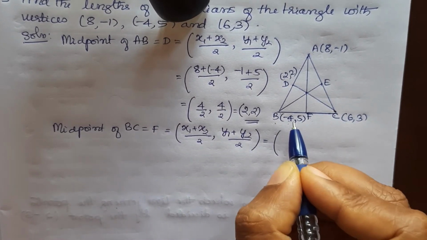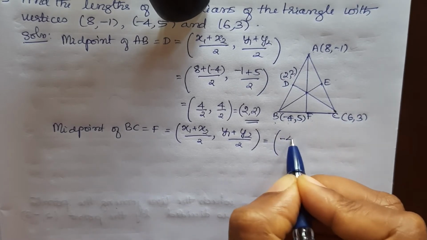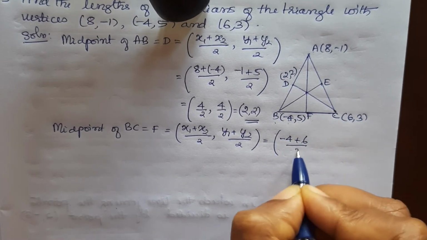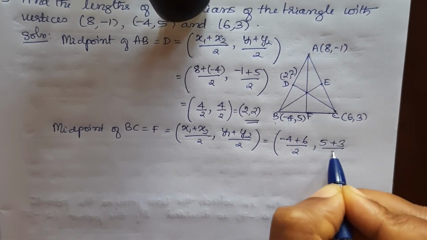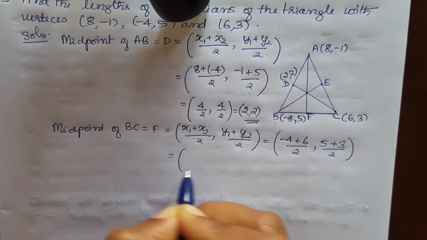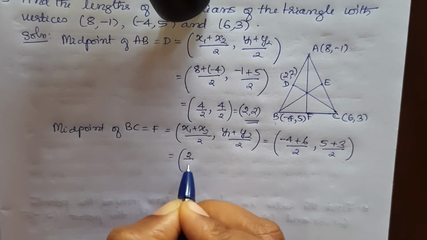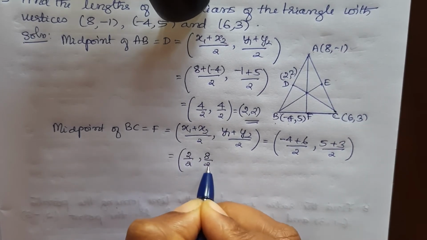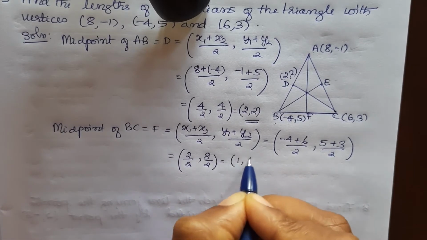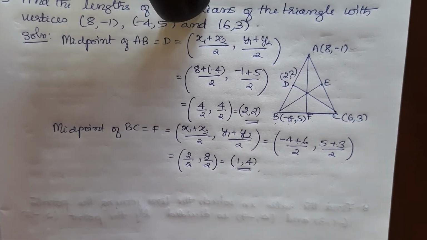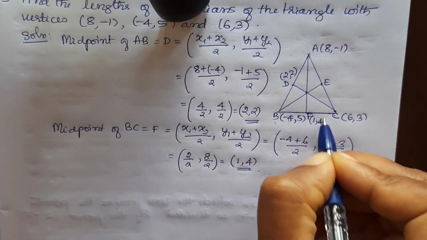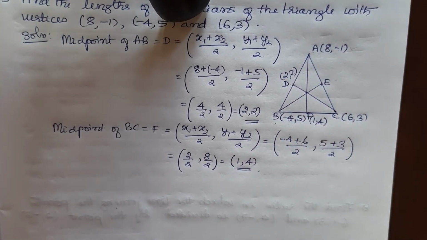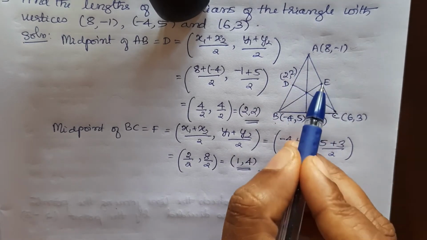We take the x coordinates, x1 plus x2 divided by 2, and the first y coordinate plus the second y coordinate divided by 2. That is equal to 6 minus 4 is 2 by 2, 5 plus 3 is 8 by 2, that is 2 by 2 is 1 and 2 4s are 8. Therefore, the midpoint of BC, that is F, is (1, 4). Next, the midpoint of AC, that is E.